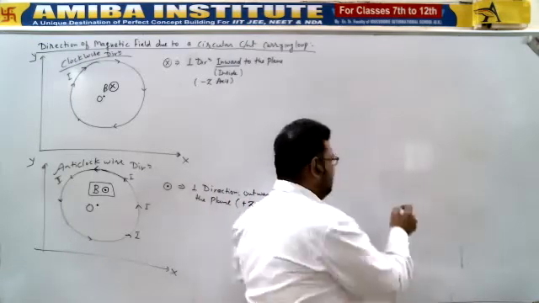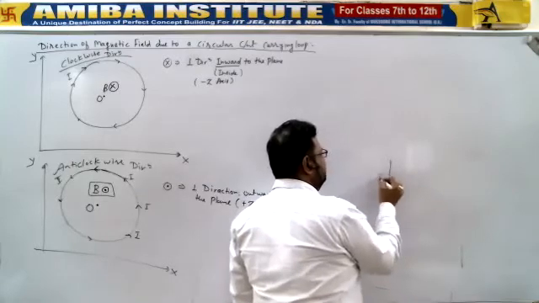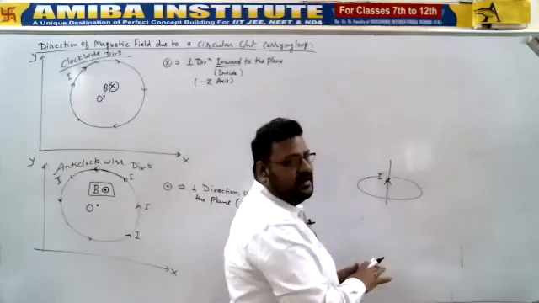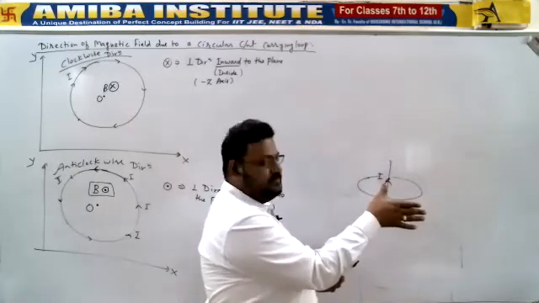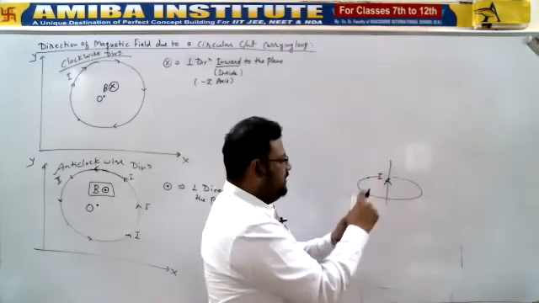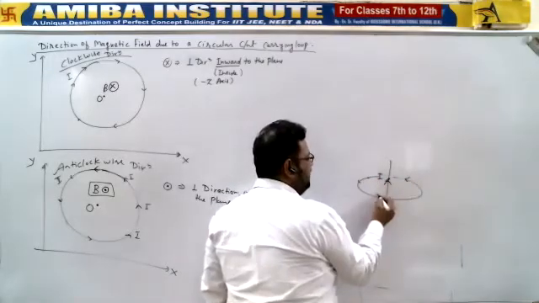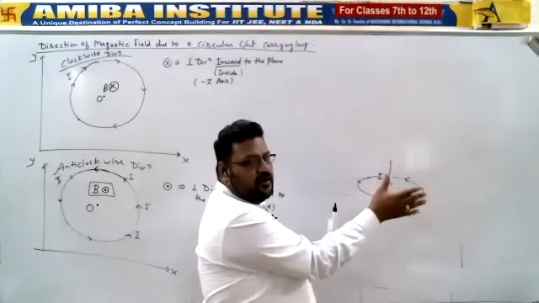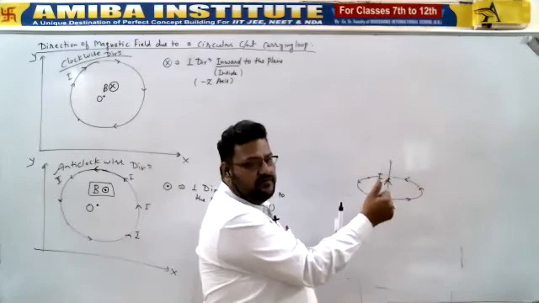So if the current flows in a straight wire, the magnetic field is in a circular pattern, and if I keep my thumb along the direction of current, then the curling of my fingers shows me this direction. So the arrow will be taken along the direction of curling of fingers.